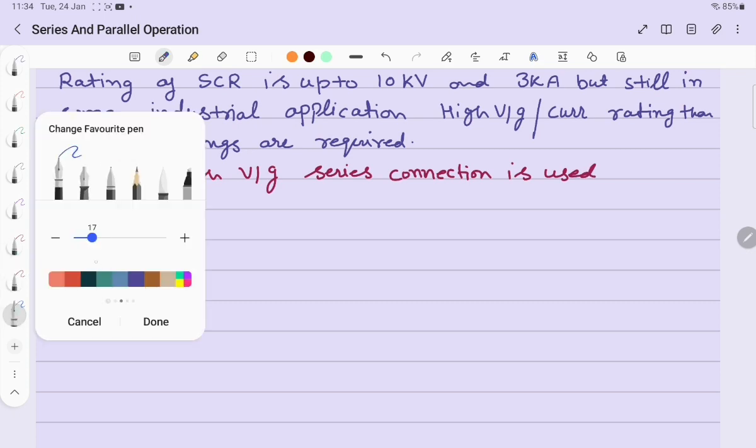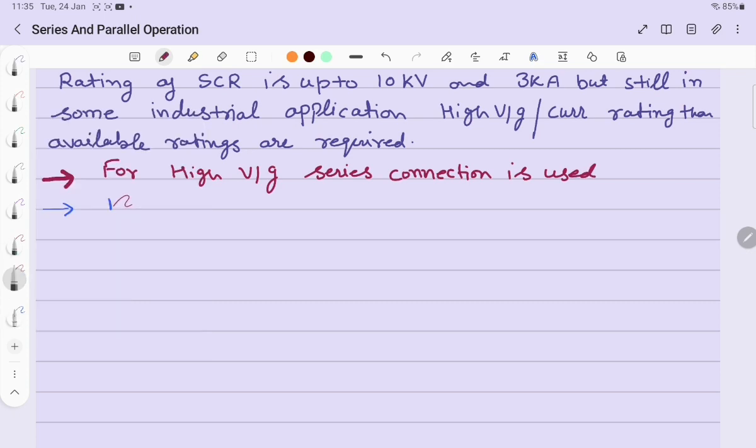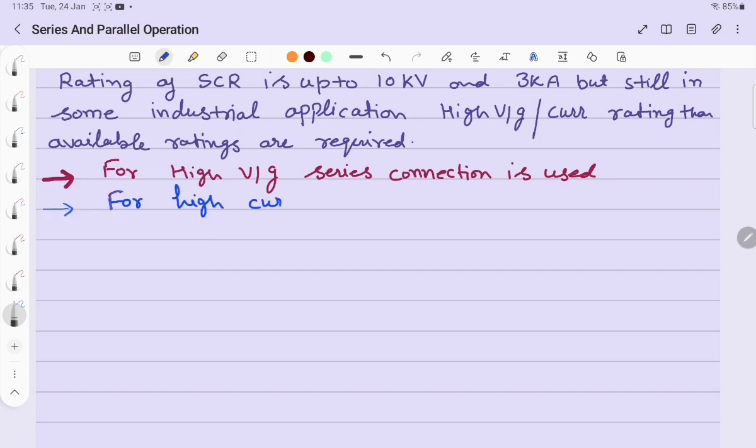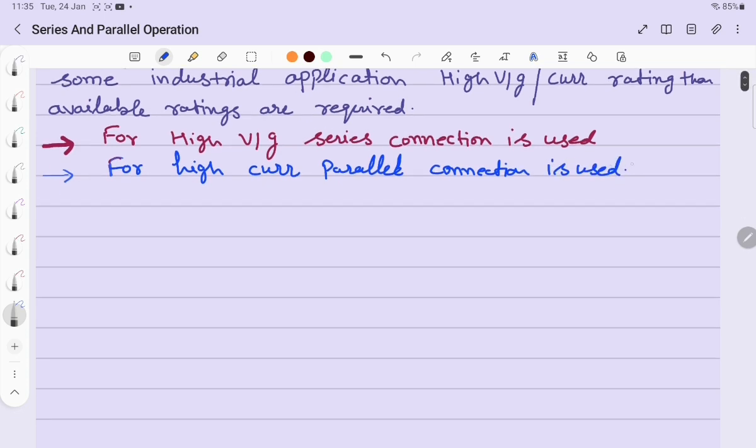So to get high voltage we use series connection of SCR, because in series the voltage is divided between the SCR, right?